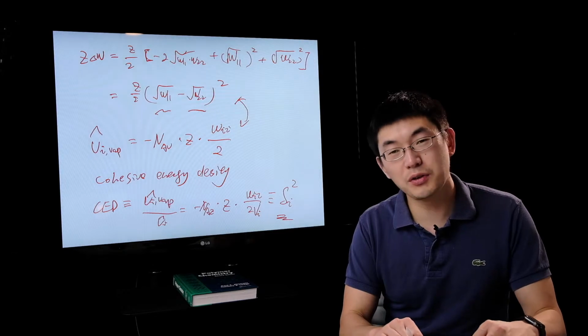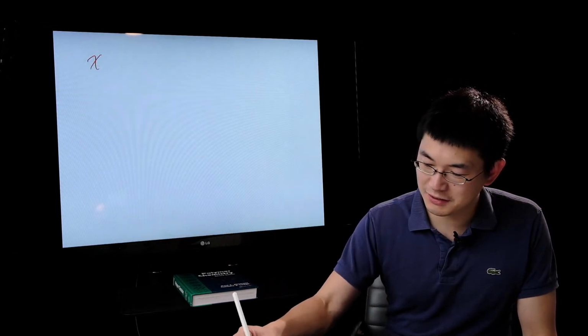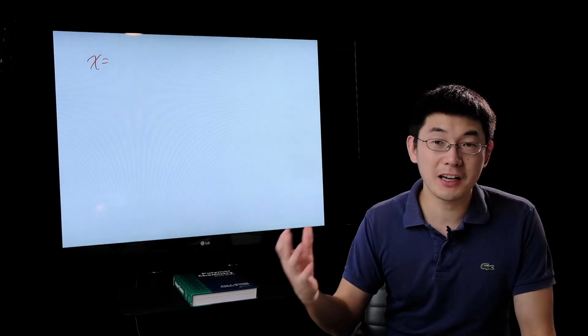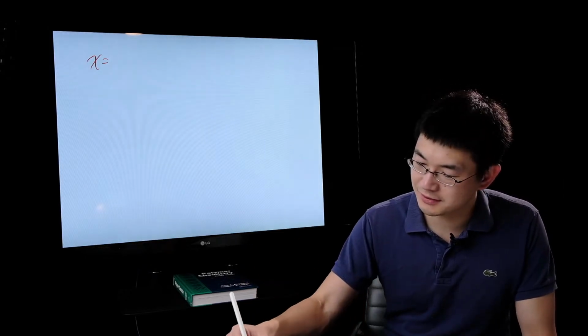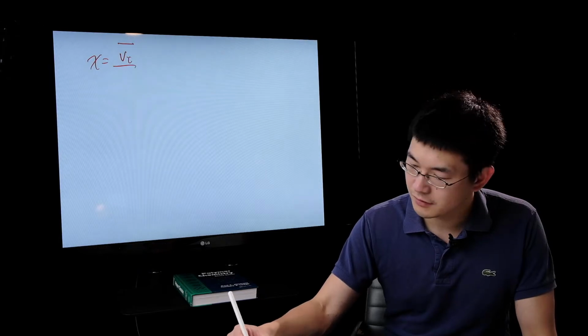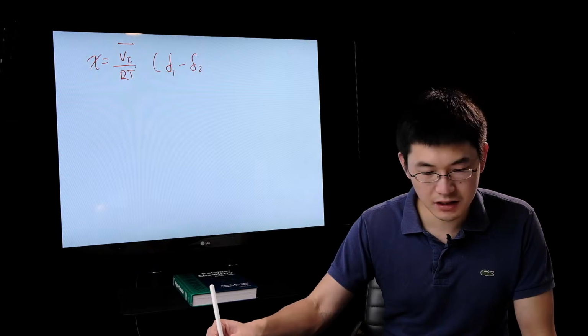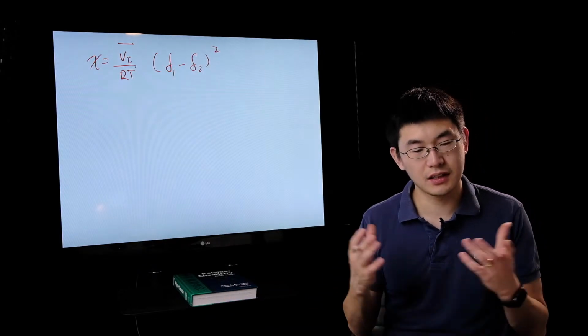Now, what you have seen in the previous equation is very pretty. You can define chi directly based on this cohesive energy density. So this will be defined as the cohesive energy difference, take a square.